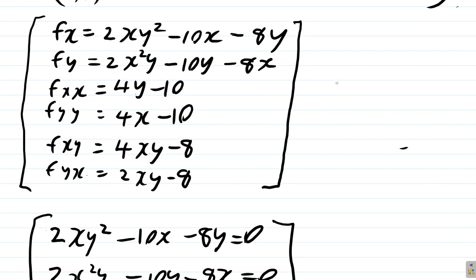But here, fxx, when x is negative 1 and y is 1, is 4 minus 10, which is a negative. fxx is a negative. So you have 4 by 1. When y is 1, it is 4. 4 minus 10 is negative 6.